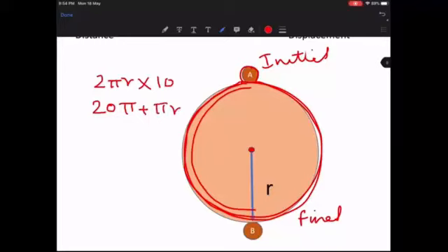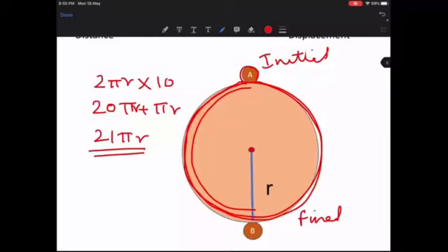Why? Because 2 pi r is a complete circle, so pi r will be 1/2 circle. 20 pi r plus pi r, so the total distance that he has traveled is 21 pi r.